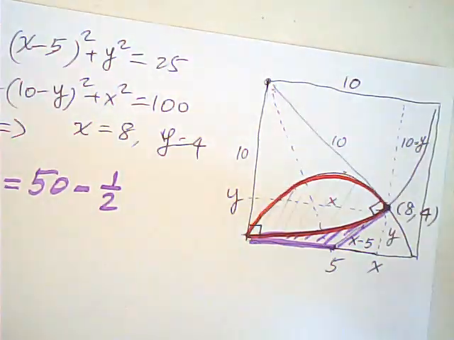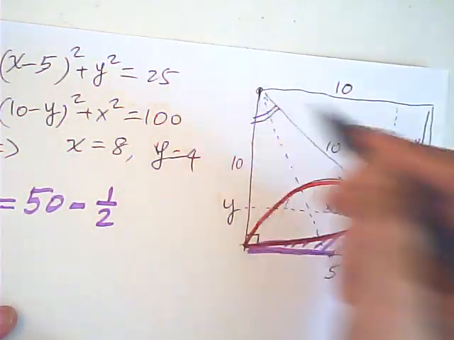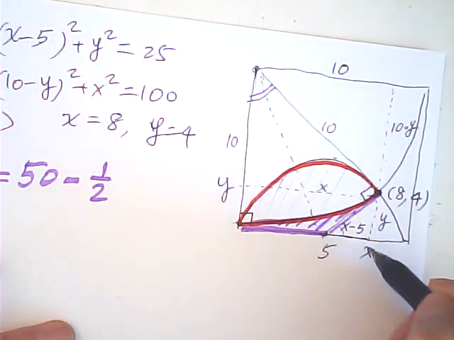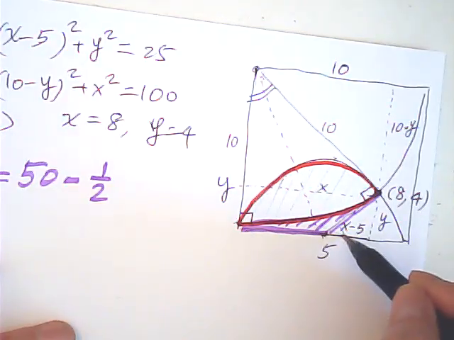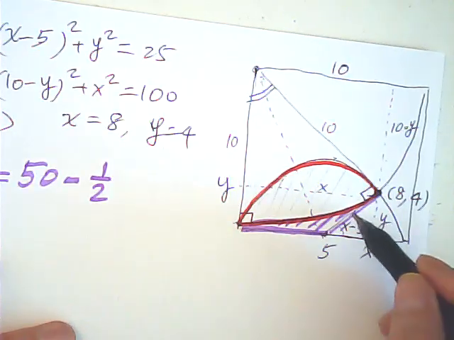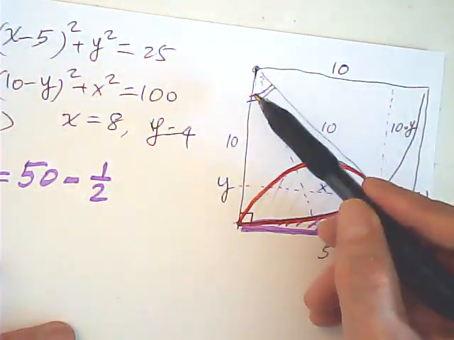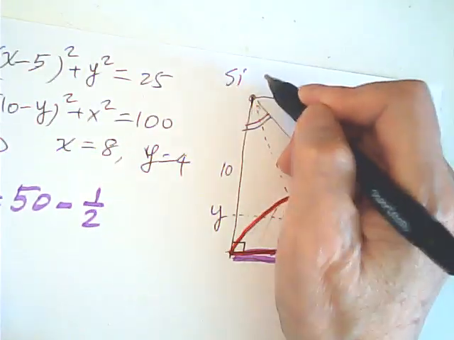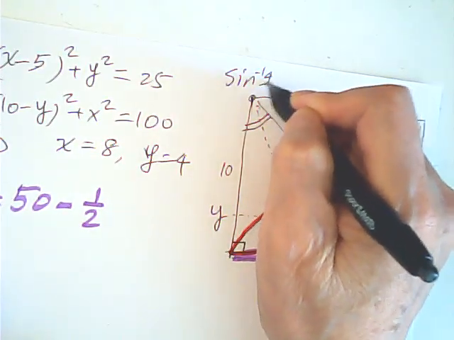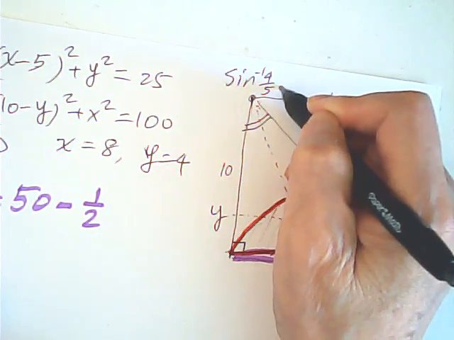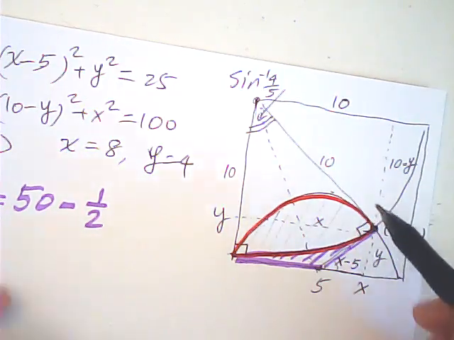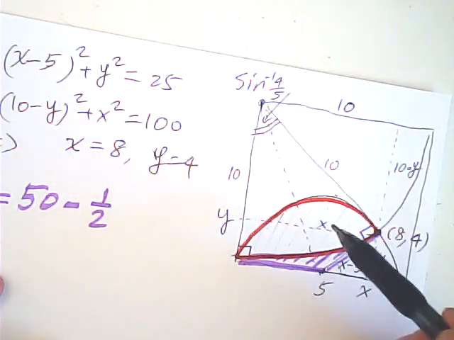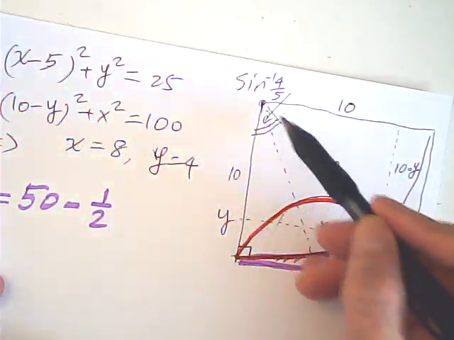The circular sector is 1/2 times the angle times the radius squared. What is this angle? Well, this angle equals this angle, right? This angle is arcsine 4/5. So this is also arcsine 4/5. Now, from this triangle, we can also get the same result. This angle is equal to arcsine of this over that, right?